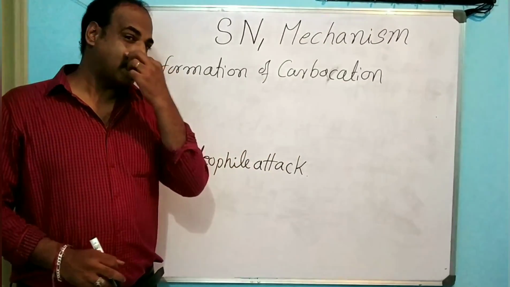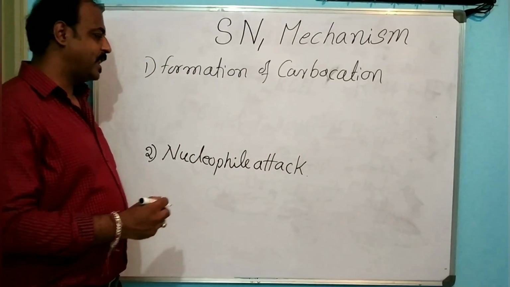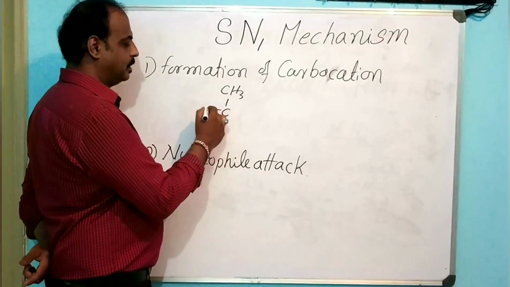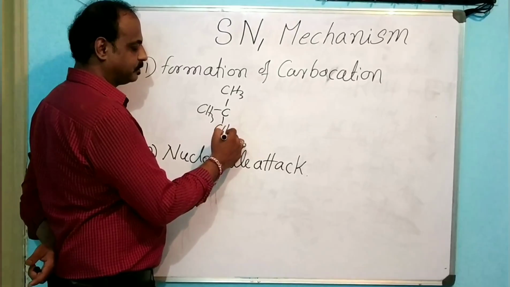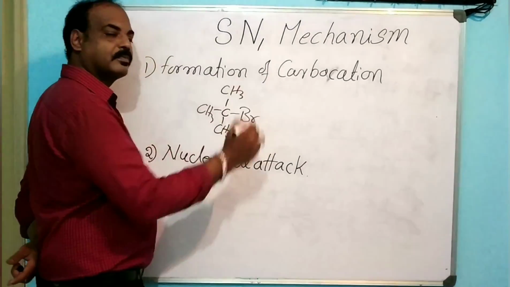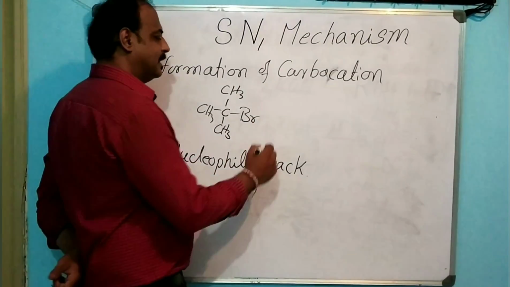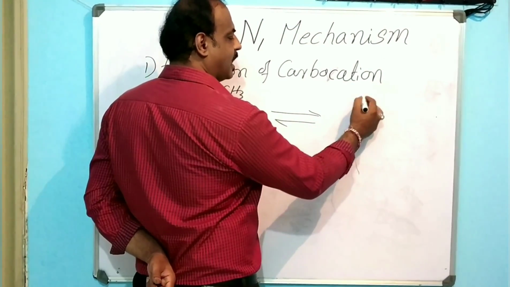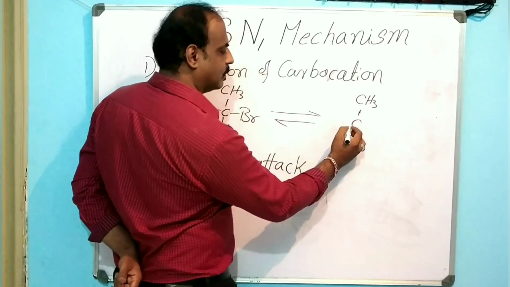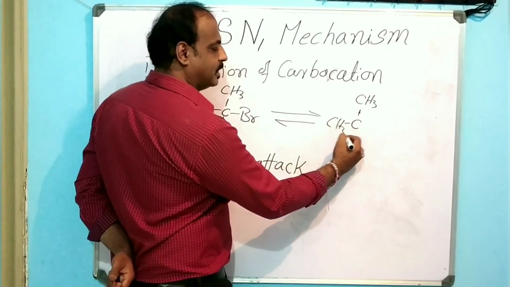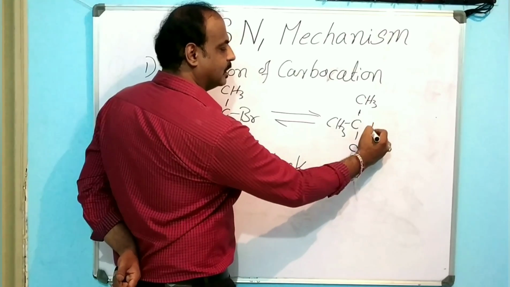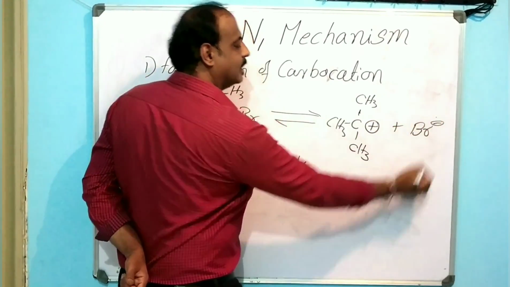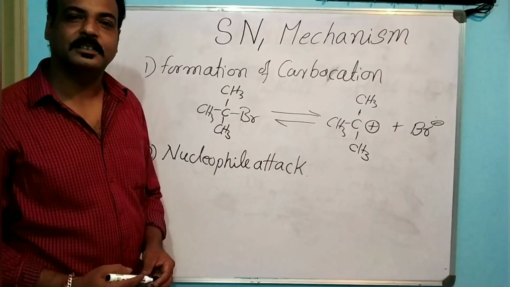Formation of a carbocation: when you take the example of tertiary butyl bromide, it will dissociate to give the tertiary butyl carbocation with the release of a nucleophile.